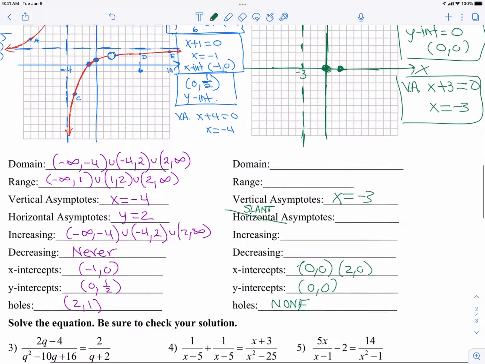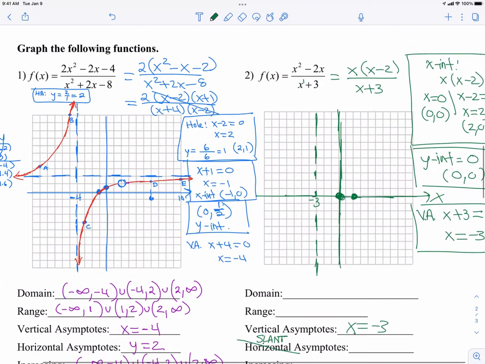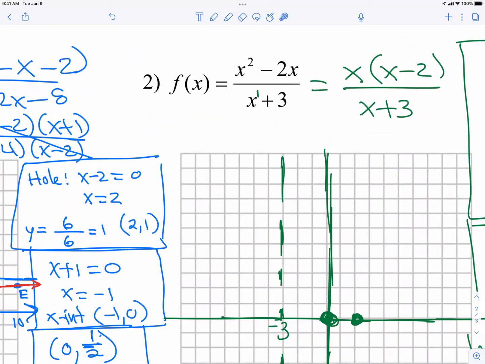Now, how are we going to find the slant asymptote? We do that by synthetic division. So we're going to divide the numerator by the denominator using synthetic. So we put negative 3 on the outside, and our coefficients are 1, negative 2, and a placeholder of 0 because there is a 0 on the end of that.